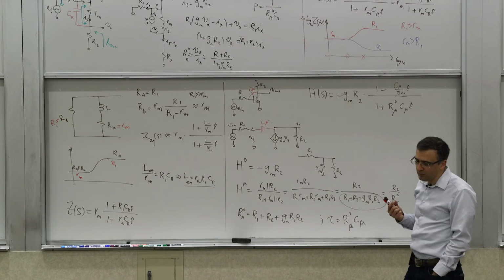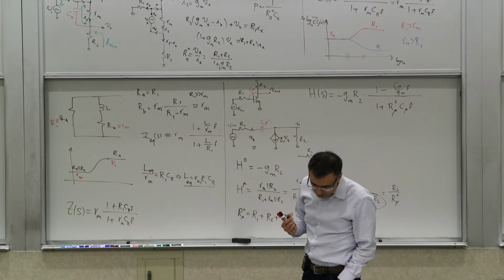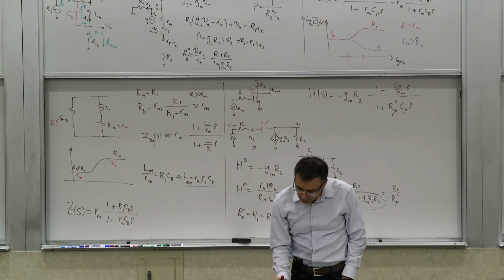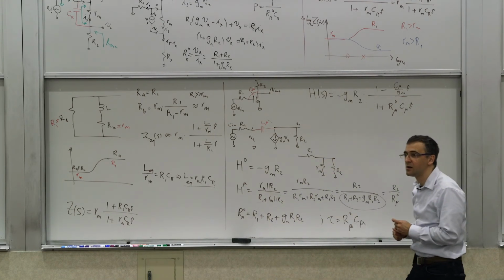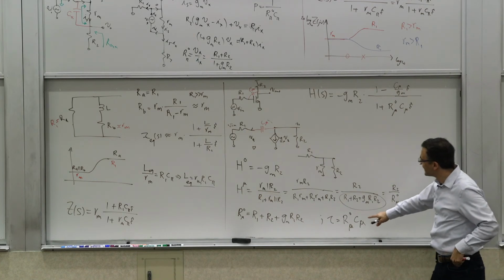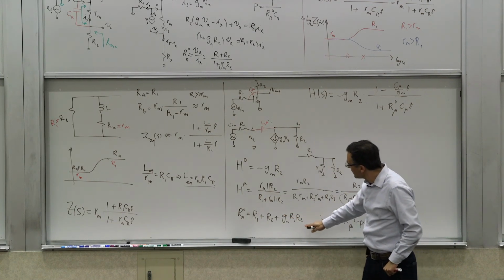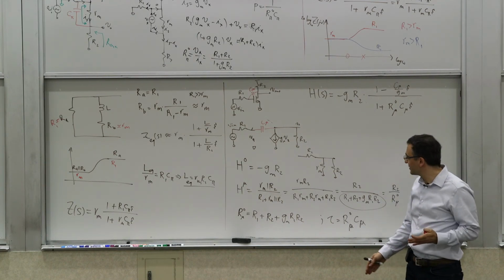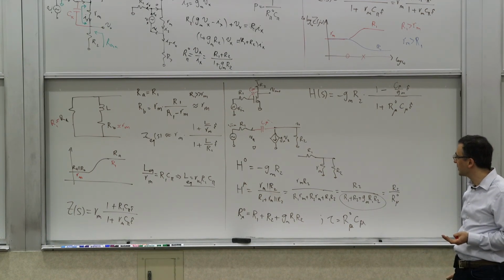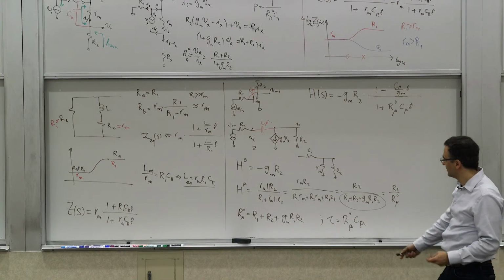Now, how about its pole frequency? Let's talk about the pole frequency. Where is that? What's that doing? Well, it's this guy, right? If you look at these three terms and look at the most dominant term, which one is the largest component of these three? This one, right?